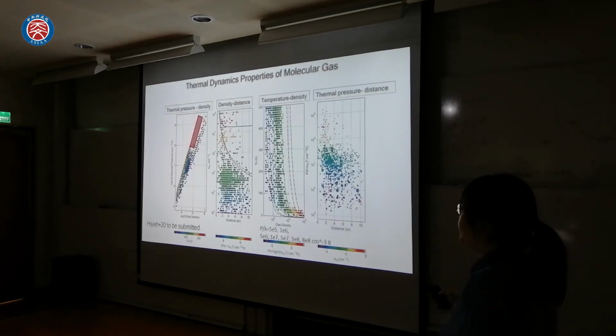So these are the thermodynamic properties of cloud cores in this region. I am not going to describe this in detail, but I would like to extract one important piece of information for you. This is the thermal pressure of the cloud as a function of distance from Sgr A star, and the ambient external pressure calculated from X-ray emission is about 10 to the 6 per cubic centimeter Kelvin.